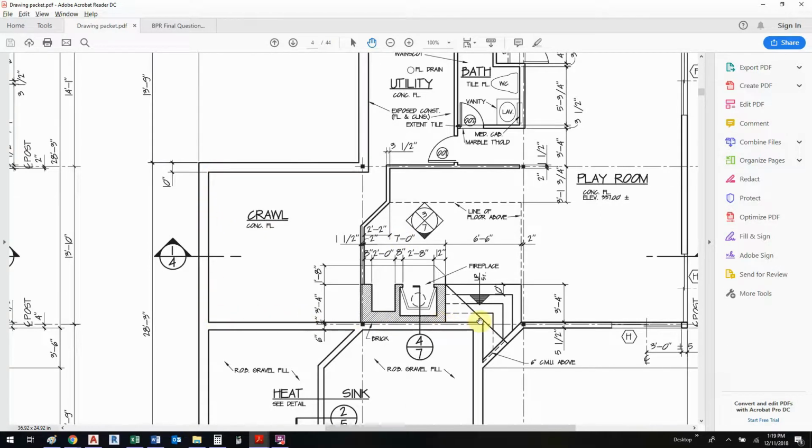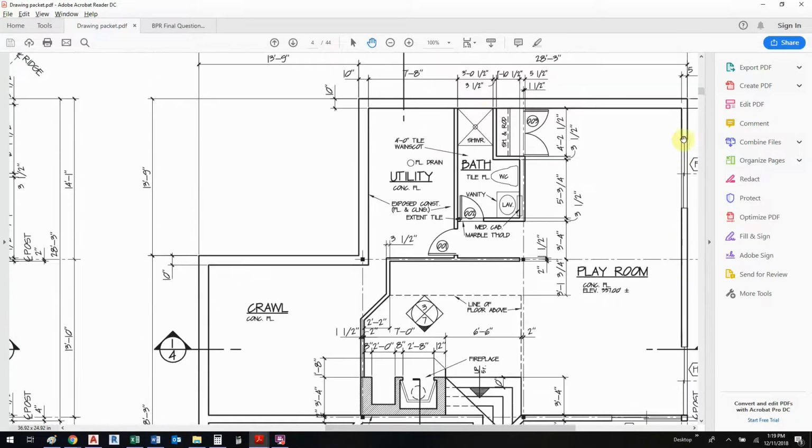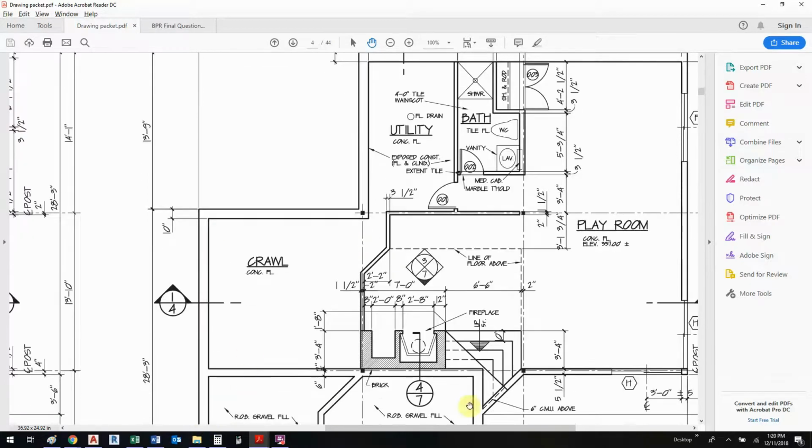Count it underneath the fireplace, down up to this corner, over, and you will need to count underneath this door and underneath that door, because it will be poured all the way to the outside where the doors are, and then it will go up, over, down, and back over to the crawl space. So make sure that you count all of that and include those 2 doors as well.